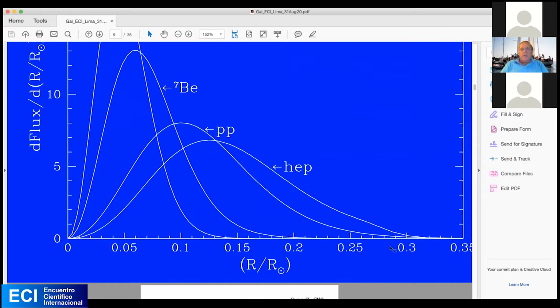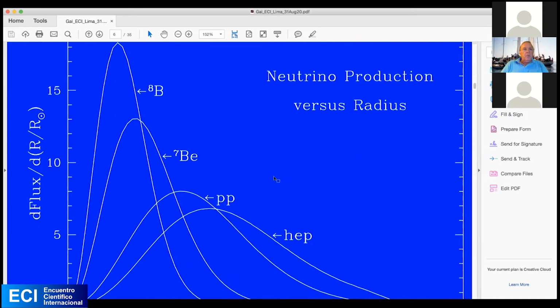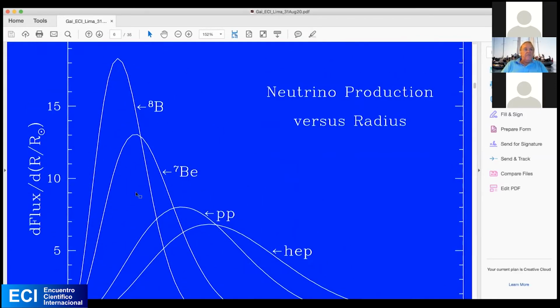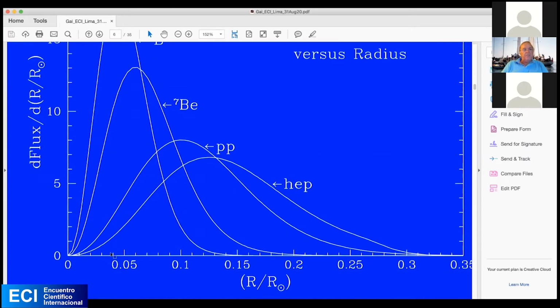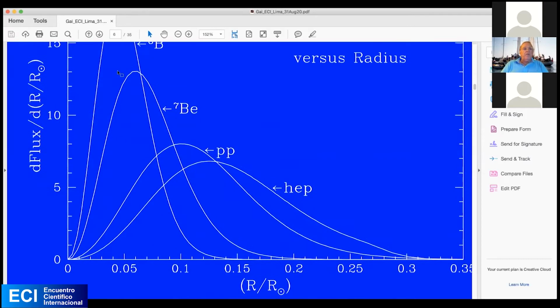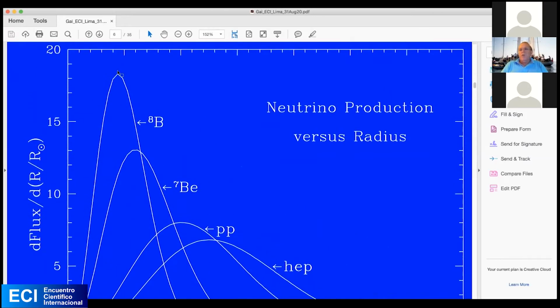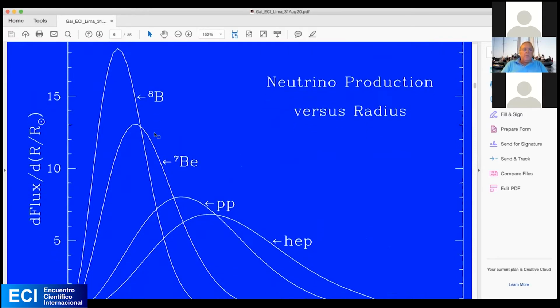So you can see most of the neutrino reactions occur within 30% of the radius of the sun. The boron-8 neutrino comes from about 5% or 4%. So if we now measure the boron-8 neutrinos, we measure what's happening in the center of the sun. We are able to probe the center of the sun.